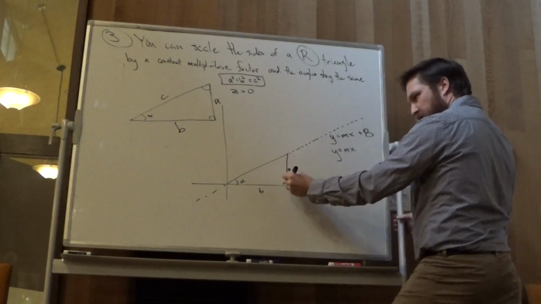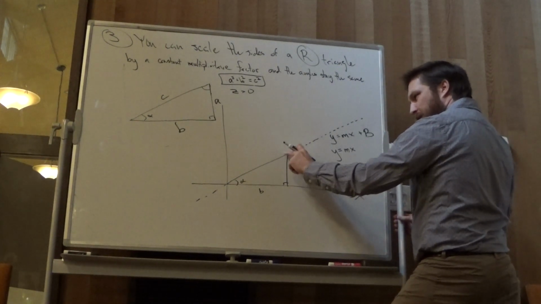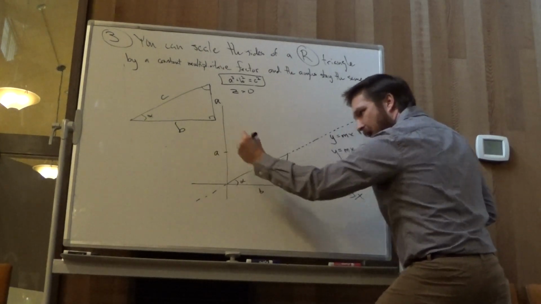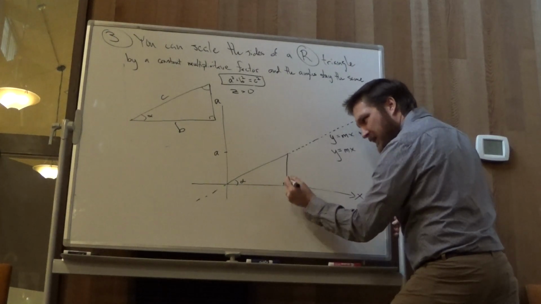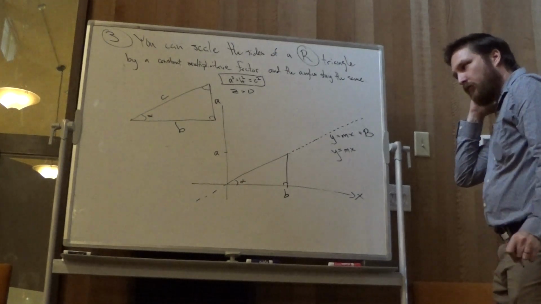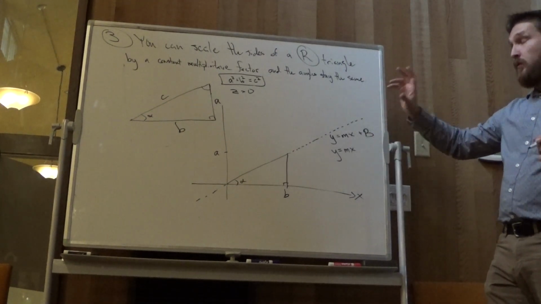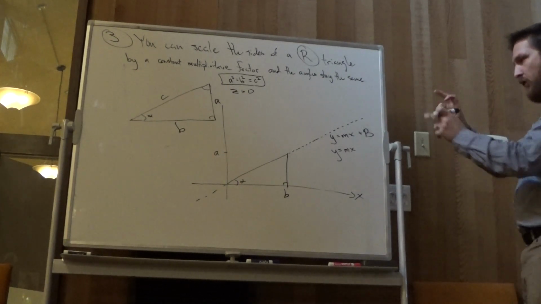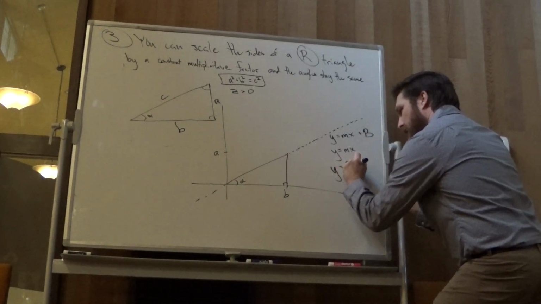And just to really drive the point home, I'm going to forget this guy and put him right here, and say the output needs to be A whenever the input, whenever we're here on the x-axis, is at b. Okay. And so, like you just said, it's what over what again? Rise over run. A over B. Right. Okay, so m is A over B. y equals A over B x.